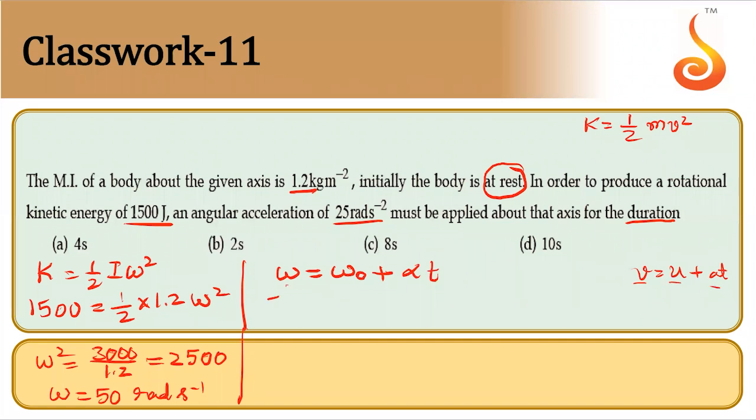So omega is 50, omega naught is 0 since it starts from rest, plus alpha is 25 into t. So 25 t is 50, t is 2 seconds. So simple. We have taken this. Shall move on to next.